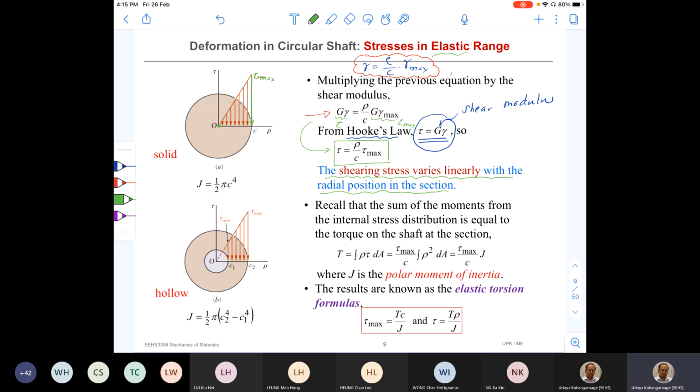Okay, and this is for a circle with a radius c.